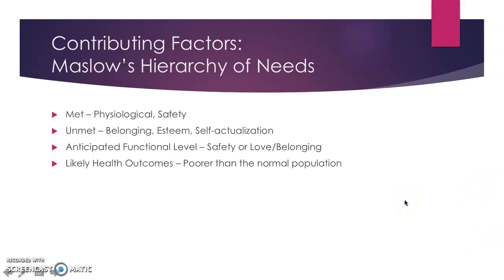All right, when it comes to Maslow's hierarchy of needs, the bottom of the pyramid includes the physiological needs. This is always going to vary based on the child and their family and how they grow up.